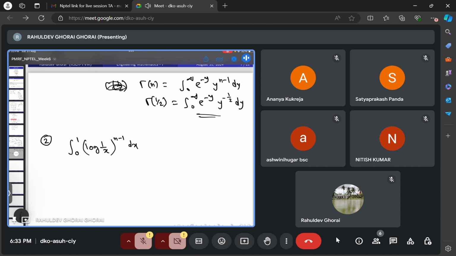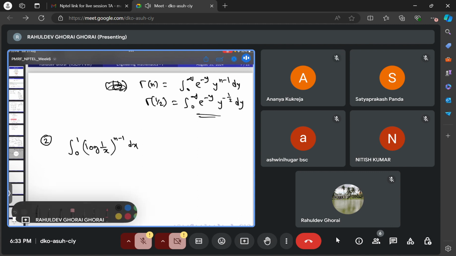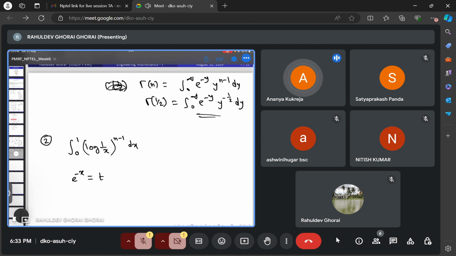Yeah, what are you getting? So what do you have to do? First step, tell. Sir, we can take e to the power minus x as t. Then we can take log directly.